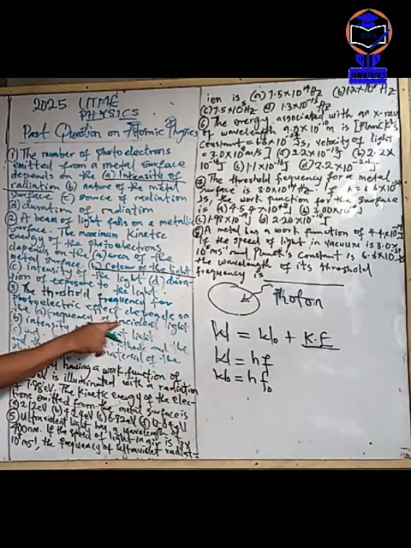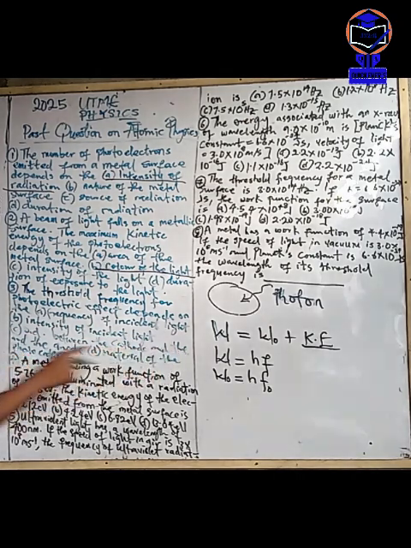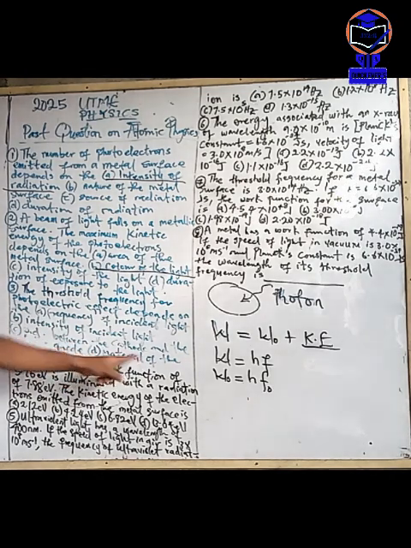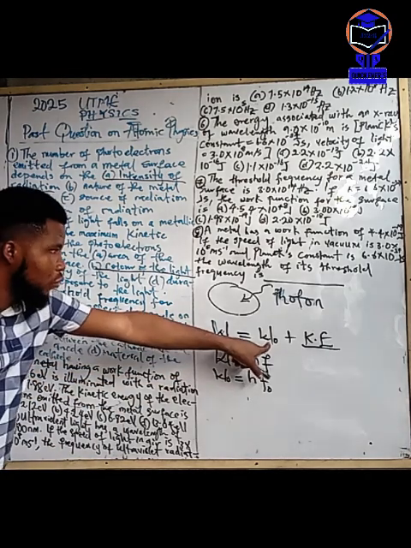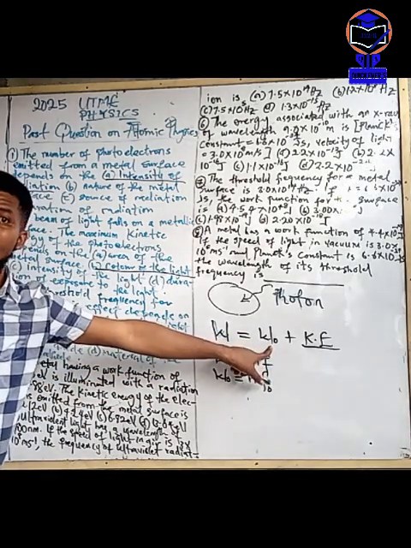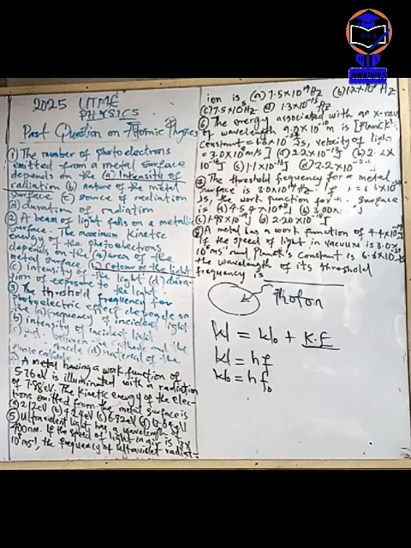A. Frequency of incident light, intensity of incident light, potential difference between the cathode and the anode, or photocathode material. So what does it depend on? Where is it coming from?